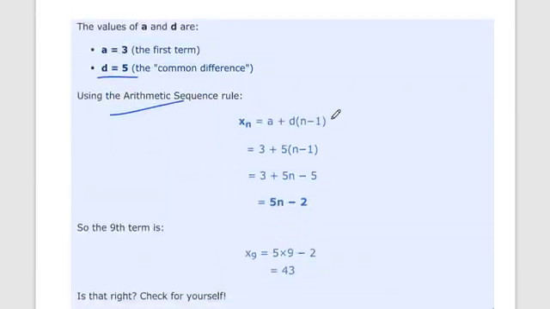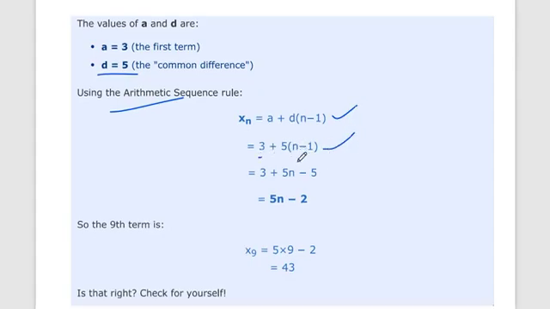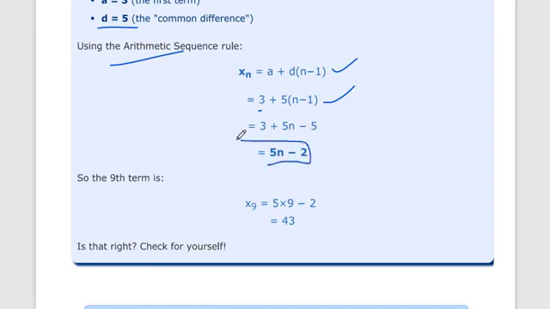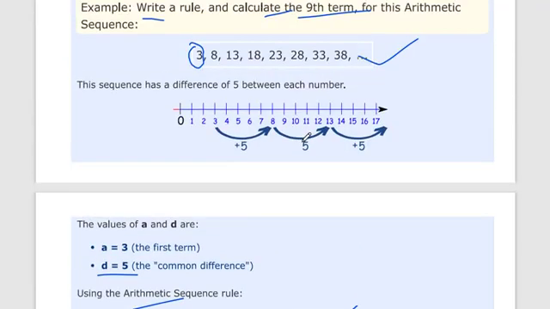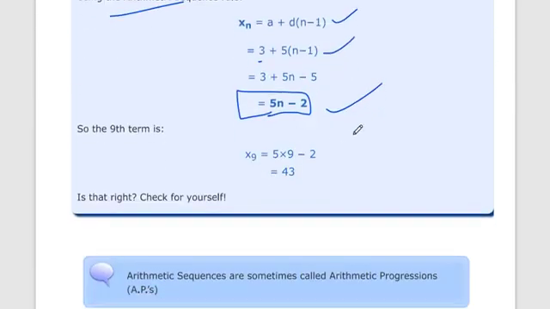So with the help of this rule, a plus d times n minus 1, we can put in the a and d values, and we get xn is equal to 5n minus 2. So with this formula we can get any term we want to find, the nth term, 100th term, 11th term, but here the example has said the 9th term, so we can say n is equal to 9 and we get the answer as 43.